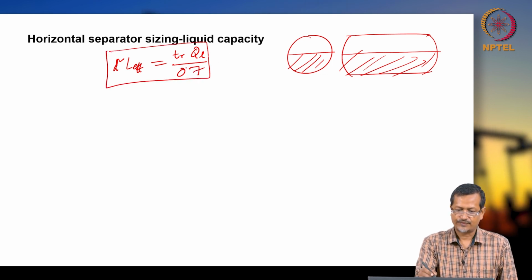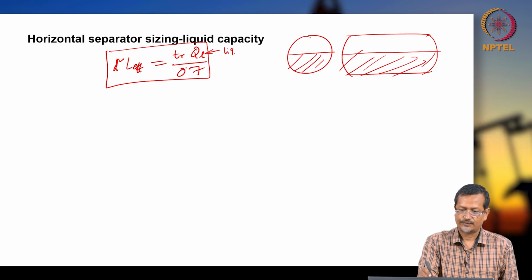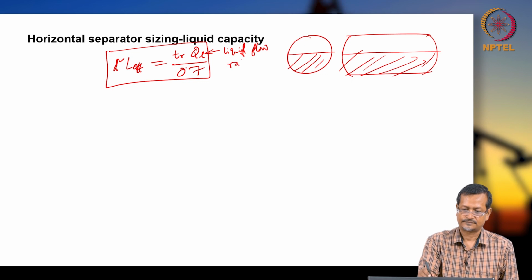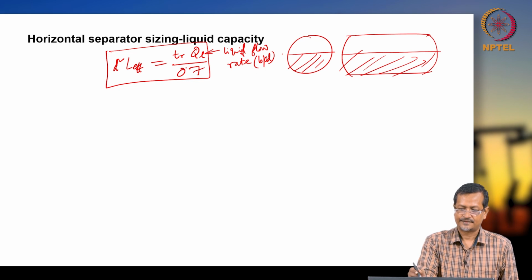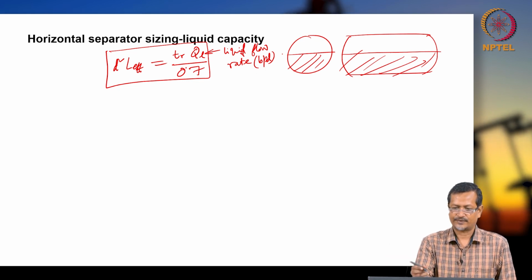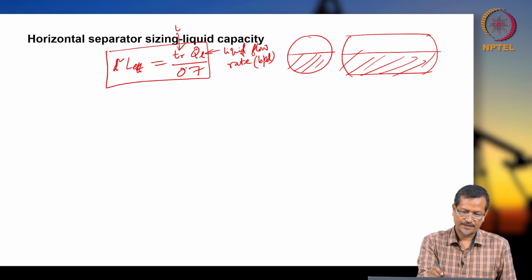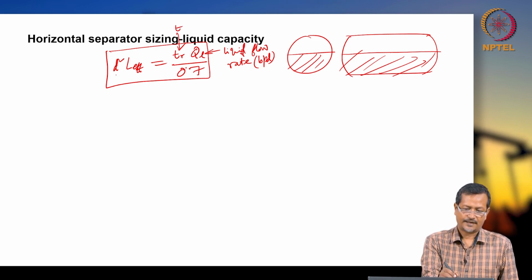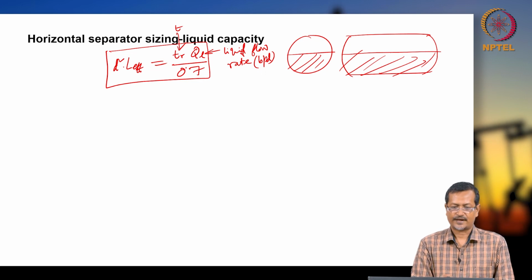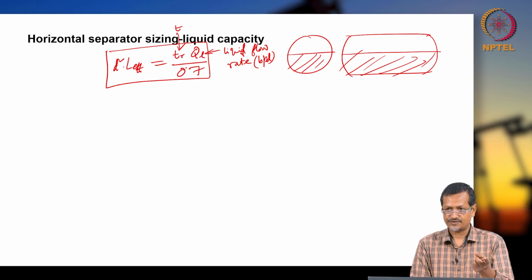Okay, so QL is the liquid flow rate in BPD, and TR is the retention time, this will be in minutes. Okay, and d you already know, the diameter, L is the effective length, and the units are different.